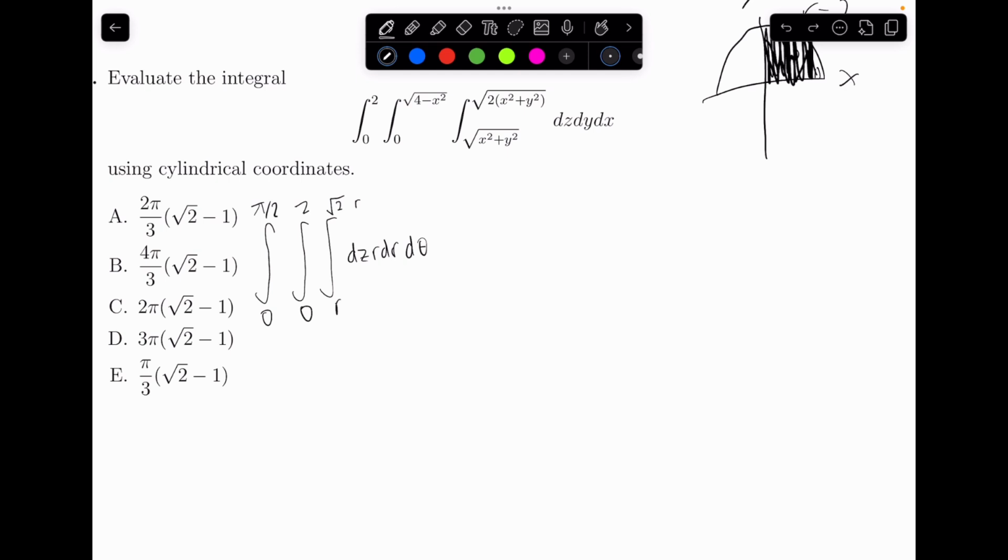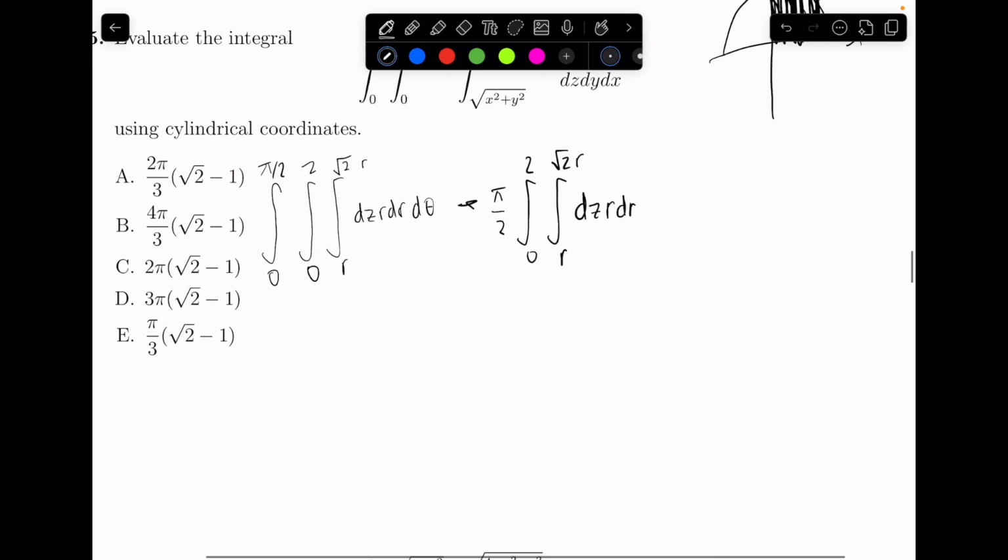That just makes things easier. So I'm going to rewrite that as pi over 2 times the integral 0 to 2 times the integral 0. Sorry, the inner should have an r, so square root 2r dz, and I'm forgetting the r, dr. Okay, great.